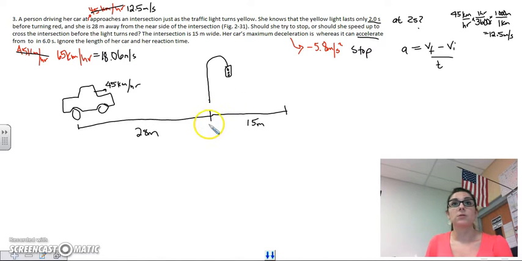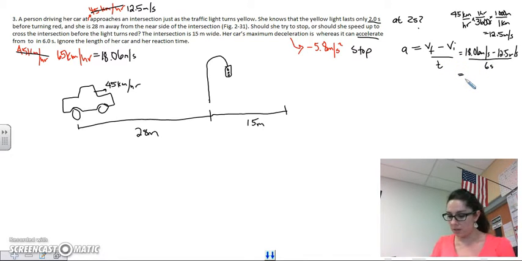Okay. So now that we have our two velocities, we can find acceleration. My acceleration is the final, which is the 18.06 meters per second minus 12.5 meters per second, divided by 6 seconds. And doing that, 18.06 minus 12.5 divided by 6, 0.93.